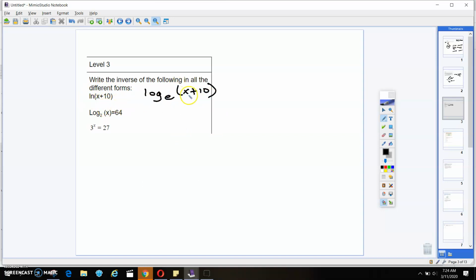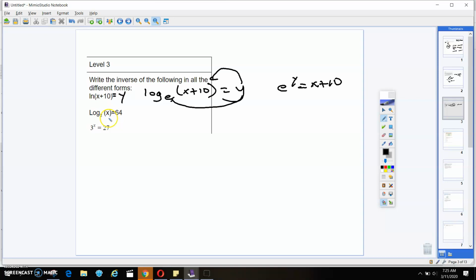Okay, so we're going to start at our base, and we're going to say this is equal to y. So we're going to start at this base, go over to the outside, and then finish here. So this is going to be e to the y power equals x plus 10. I added a y right here because this actually isn't an equation then. Okay.